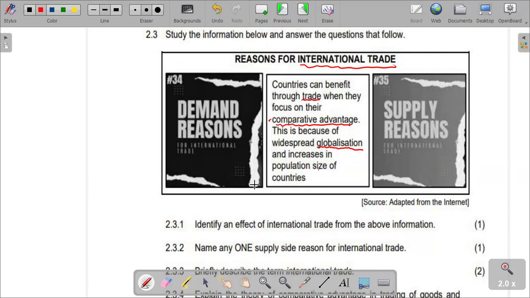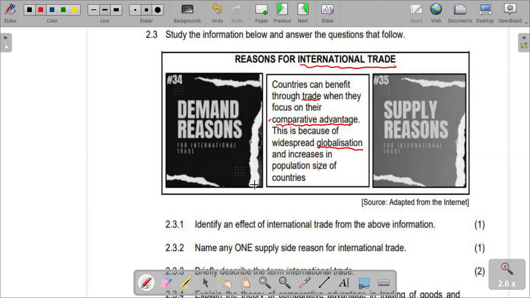So when we talk about words such as international trade, comparative advantage, and globalization, these are the things we will be focusing on in 2.3.